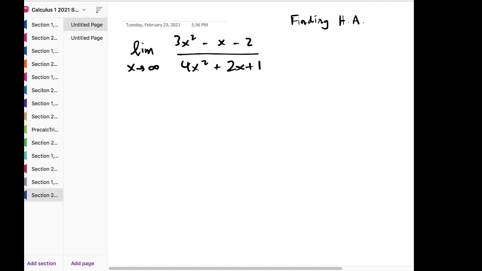So what was our method for rational functions? Polynomial divided by polynomial. Yeah, so we want to factor out the highest power of x.